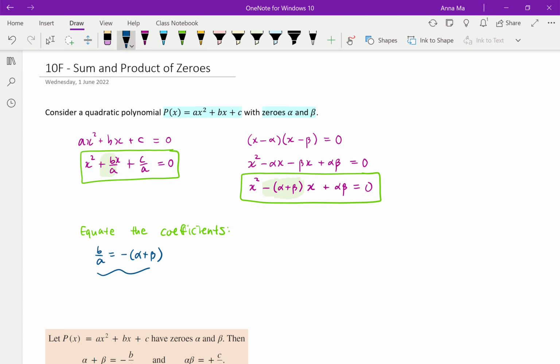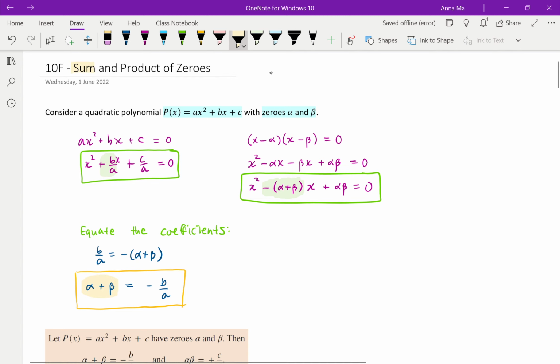And if I can say that, I can make alpha plus beta the subject and say alpha plus beta is equal to negative b over a. And that is actually the first identity for sum and product of zeros. Did you notice how we actually have a sum of zeros? And the title says sum and product of zeros. So we've actually just derived the first identity.